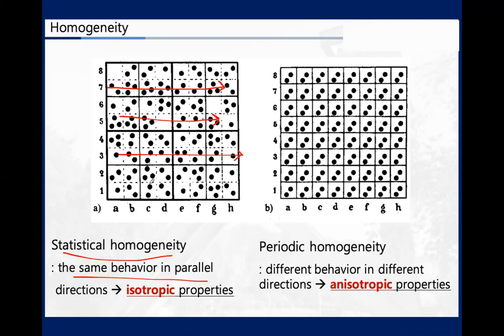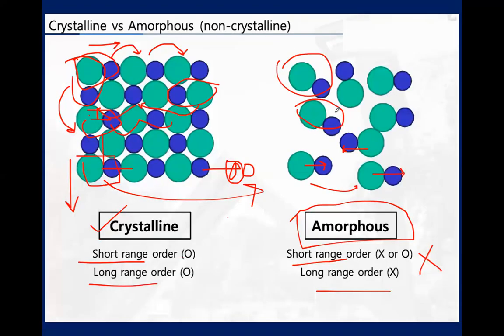Okay, right. If you consider the periodic homogeneity, in different directions you may see different behaviors. For example, we took one example here. Along this direction, we saw that this particular unit is repeating, so in that direction it is homogeneous. But in the other direction, it's not like that.